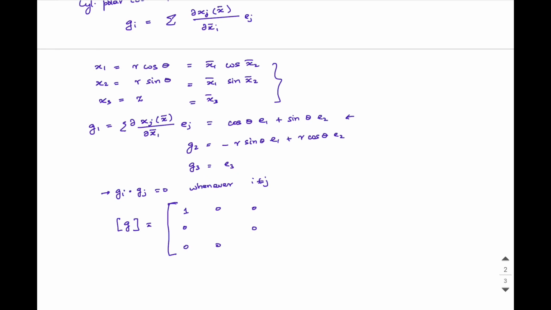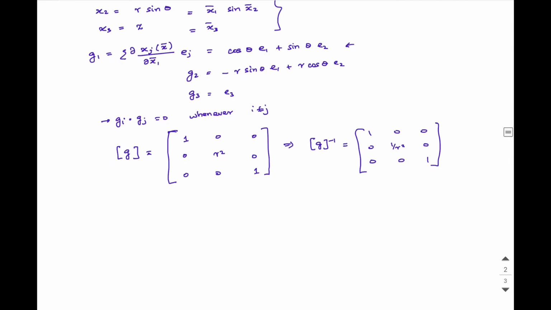What is g2 dot g2? You see that there is an r squared term, but the rest of it is just a unit vector, so it's going to be r squared. And g3 dot g3 is again 1, trivially. Because it's a diagonal matrix, you can immediately take the inverse of G, and that's nothing but 1, 0, 0; 0, 1 over r squared, 0; 0, 0, 1. That's the inverse of G.